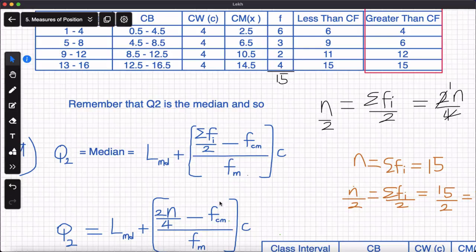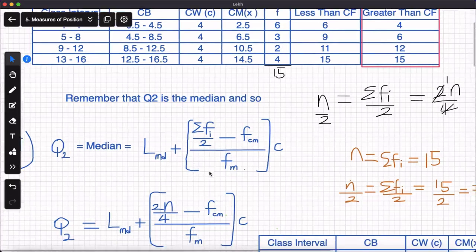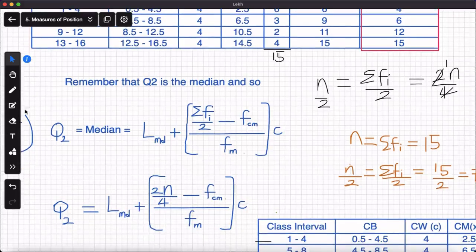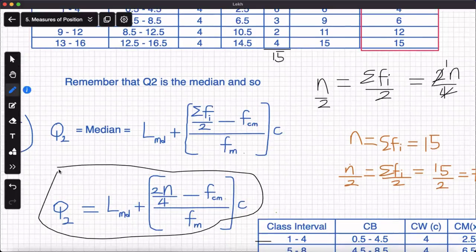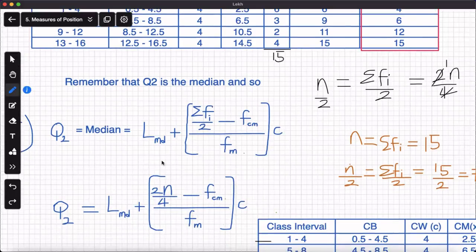Now, look at this. This is the formula for your median, but we can change it a little bit to look like this. The reason I have done this is because it will be useful in relating this to the formulas for your Q1 and Q3.